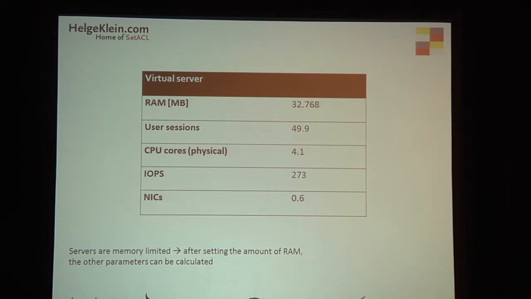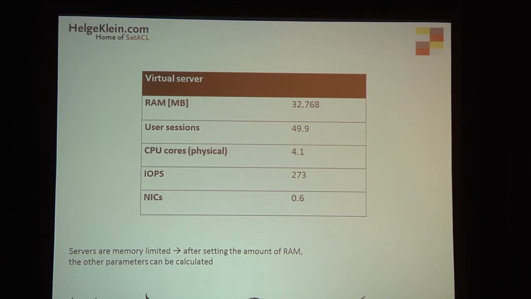How big do you want to have a single virtual server? We're obviously going to virtualize the OS. 32 gigabyte is a nice value. It's the maximum amount of RAM you can address with the standard edition of Windows Server. And it's a handy value. You could have used something bigger, but 32 gigabyte was fine for the customer.